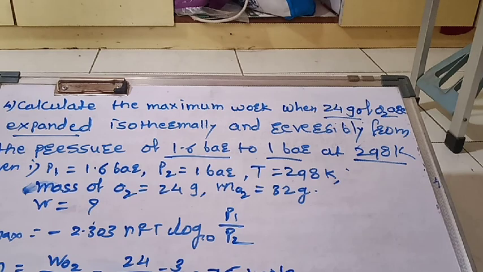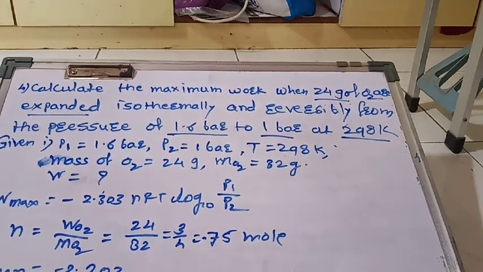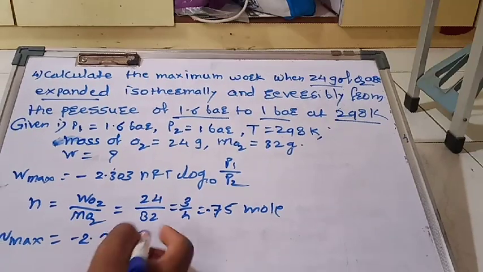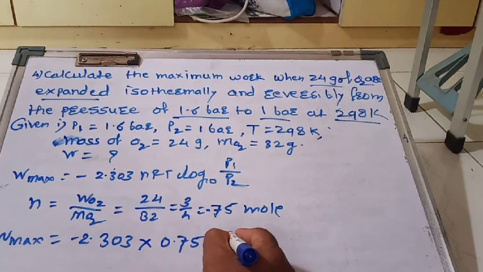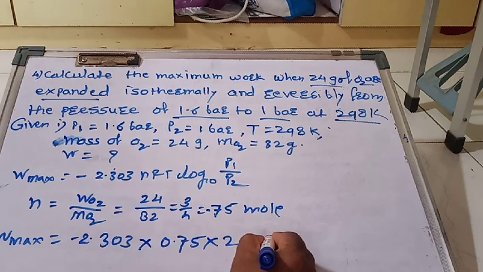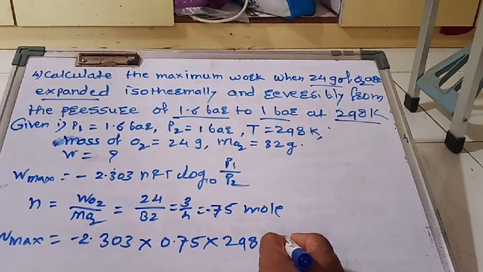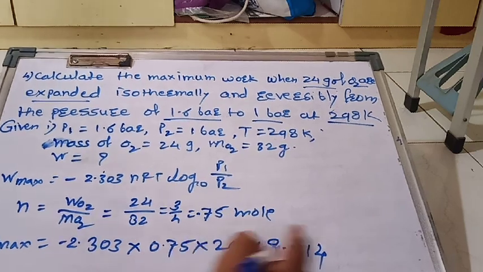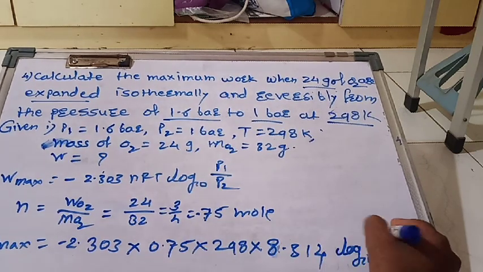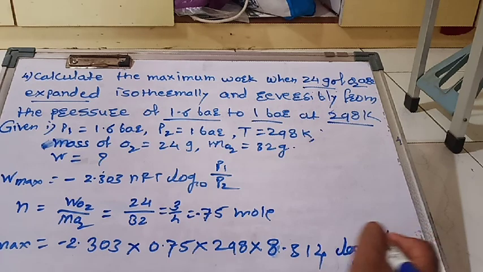So W max is equal to minus 2.303 into 0.75 into 298 into 8.314 joules into log to the base 10 1.6 upon 1.